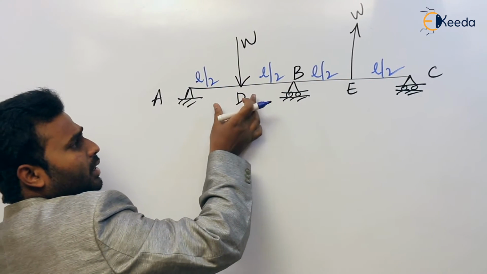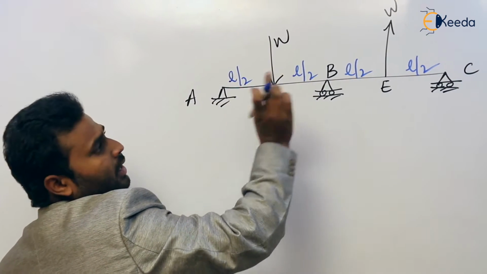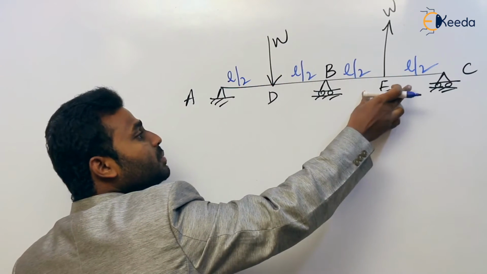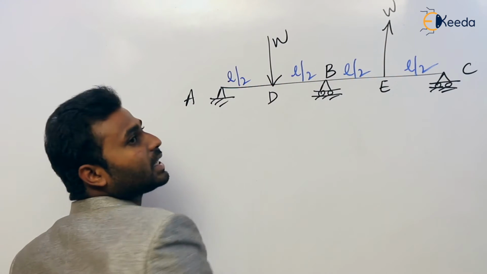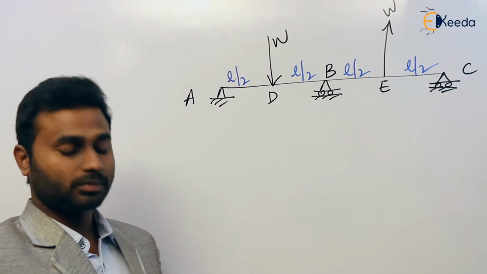In the span AB, the point load is placed exactly at the center, at D, and in the span BC, again the point load, which is upward, is placed at E, exactly at the center. So now, in this case, calculate the collapse load.